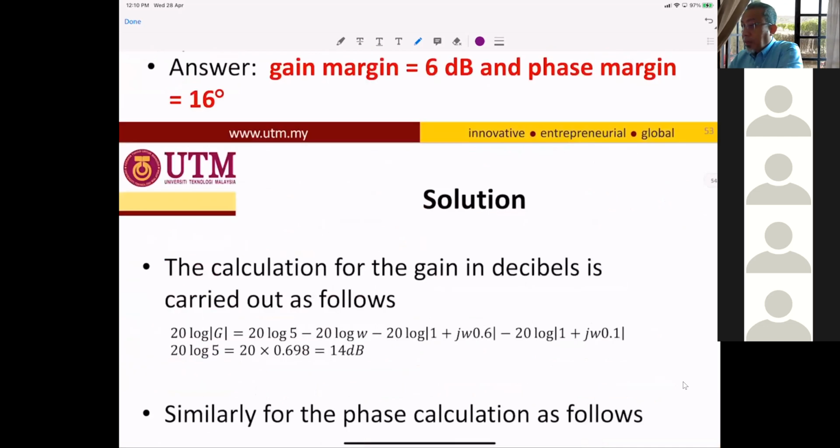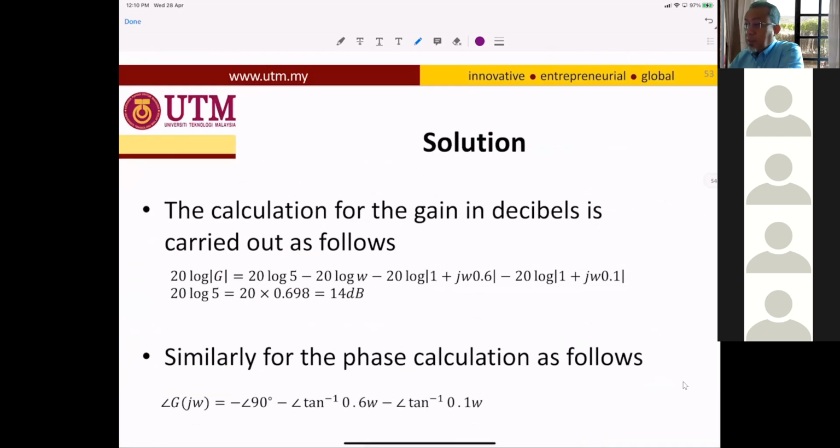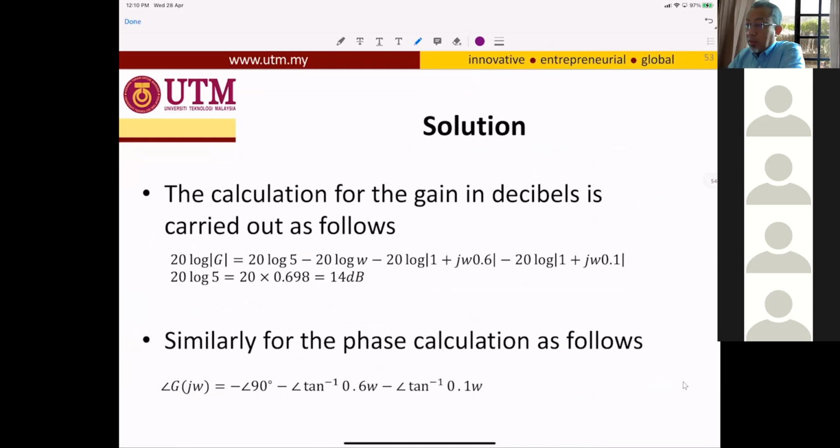The calculation for the gain in decibel is carried out using the formula 20 log |G|, the open loop transfer function: 20 log 5 minus 20 log omega minus 20 log |1 + 0.6jω| minus 20 log |1 + 0.1jω|, which gives you the data for the dB at different frequency values. The constant 20 log 5 is 14 decibels.